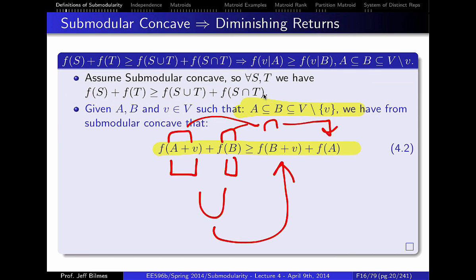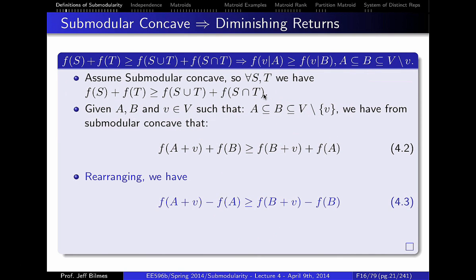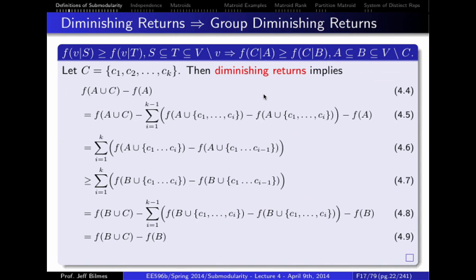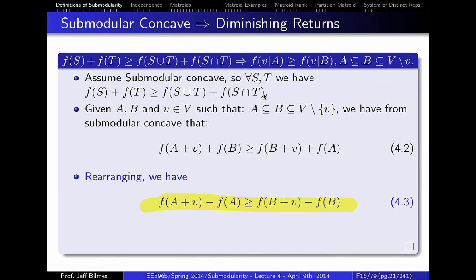Because V is not a member of B, and B is a superset of A. So if we take the union of A plus V and B, we've got B plus V, since V is not in B. And if we take the intersection, the stuff that's common is A, since V is not in B, and V is not going to be in A either, since A is a subset of B. Then we rearrange this, and we immediately have the diminishing returns property: that the value of V decreases in a larger context. Okay, that's done. Everybody see that?